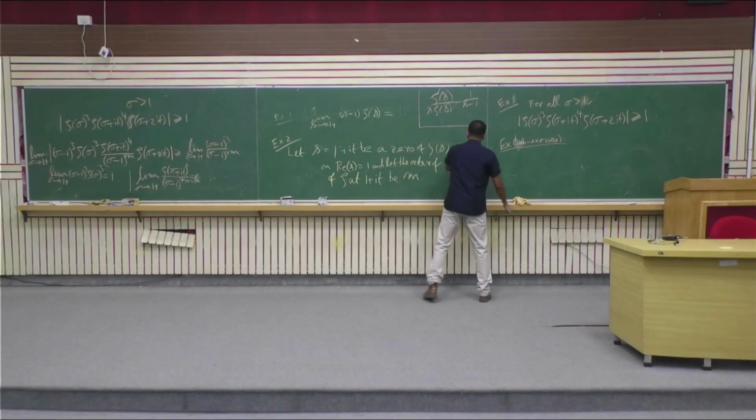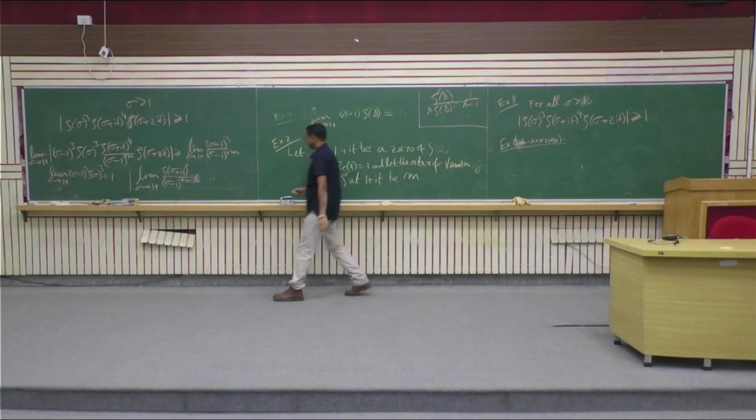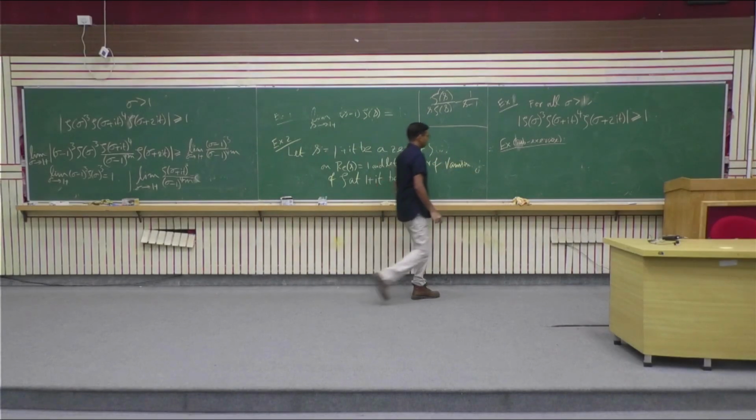What happens to the right hand side as sigma goes to 1 from the right hand side?